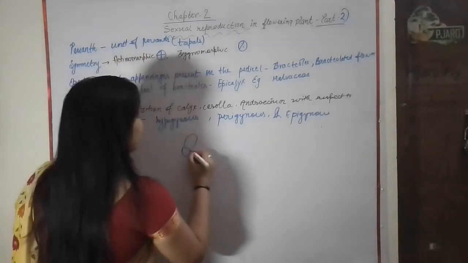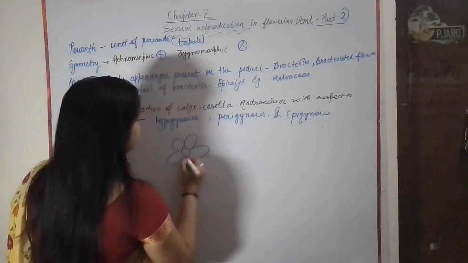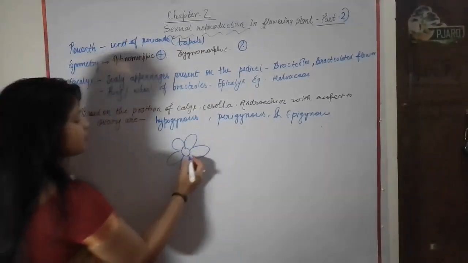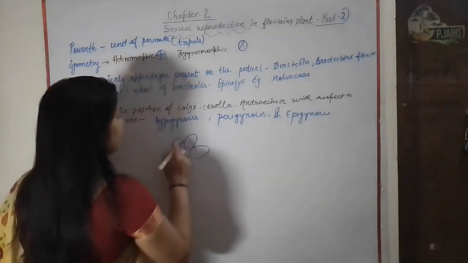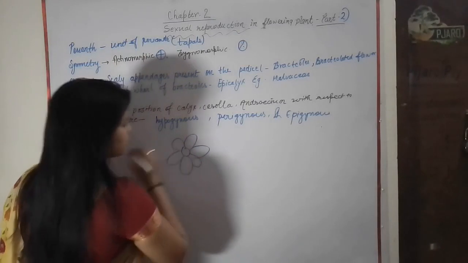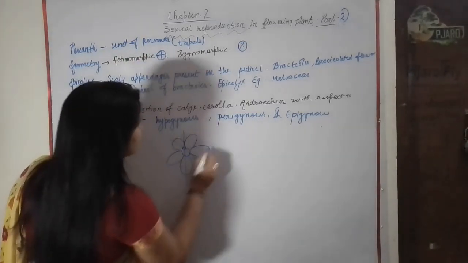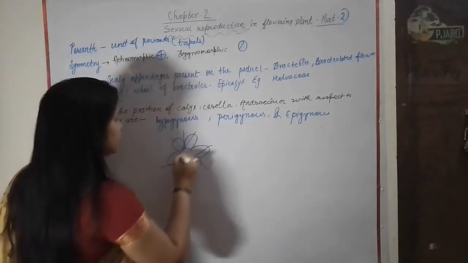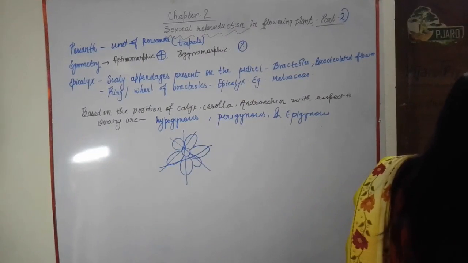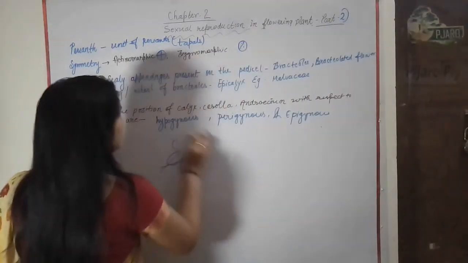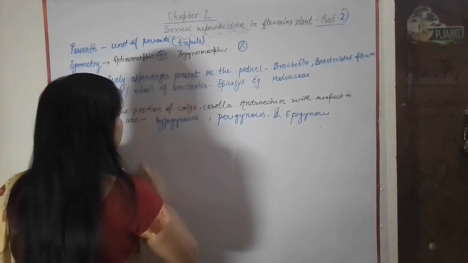If our flower is like that, with 1, 2, 3, 4, 5, and one more, 6, and you pass from this direction, you get equal symmetry. That is given in your NCERT by the picture. You can see your NCERT so that you can get it easily.